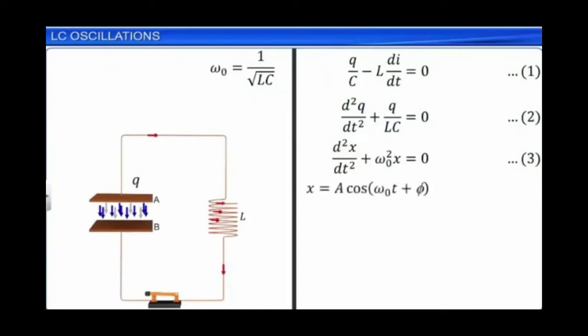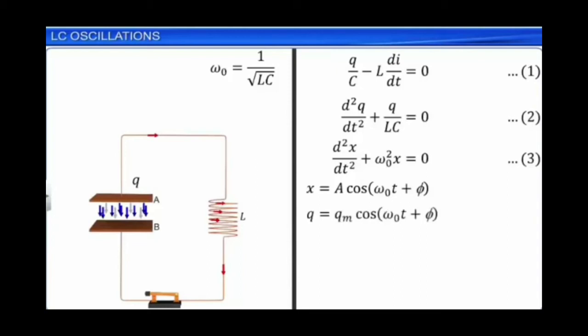The general solution of equation 3 is x is equal to a cos of omega 0 t plus phi, where a is called the amplitude of oscillations, which means the maximum displacement. Omega 0 is the angular frequency of the oscillations and phi is the initial phase.